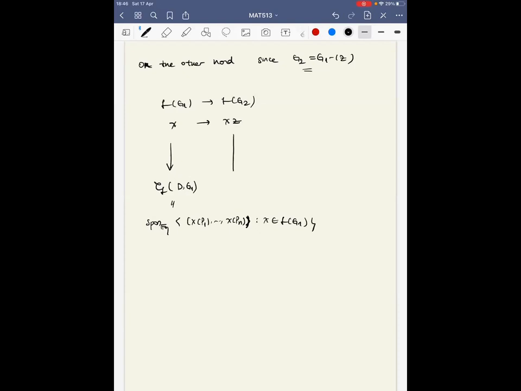and the algebraic geometric code, which is defined by G2, will be spanned by evaluations of these functions in this Riemann space.